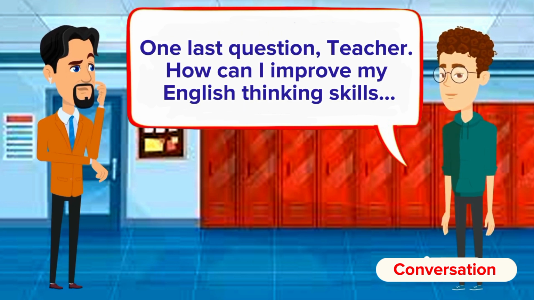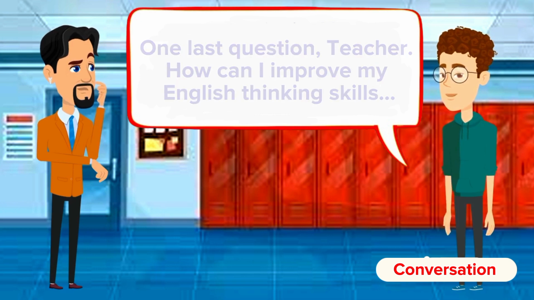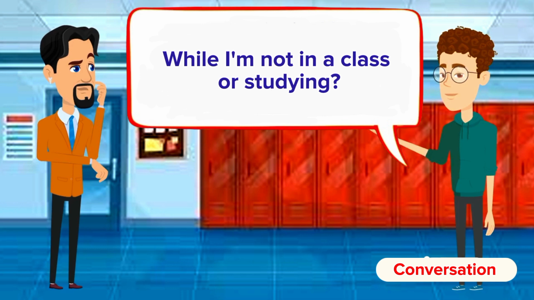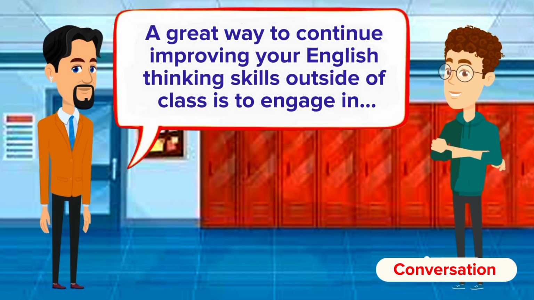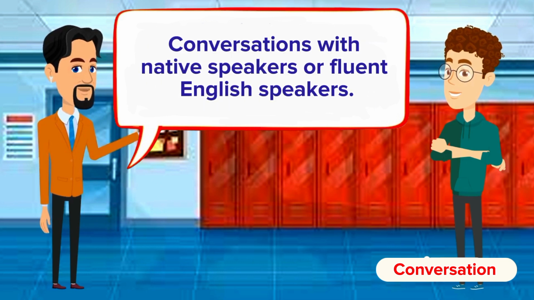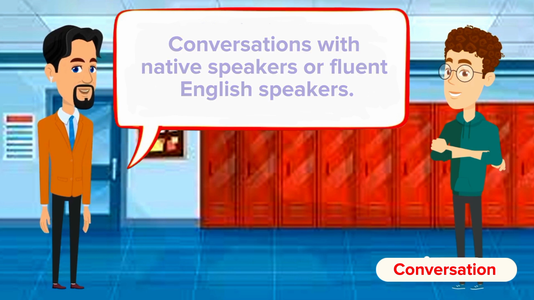One last question, teacher. How can I improve my English thinking skills while I'm not in a class or studying? A great way to continue improving your English thinking skills outside of class is to engage in conversations with native speakers or fluent English speakers.